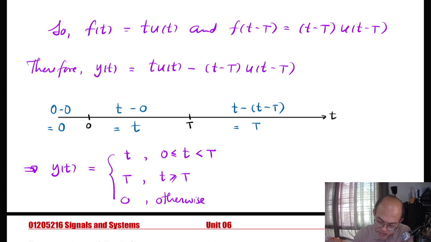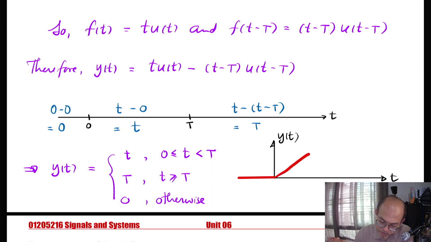So if you plot the zero state response y from this rectangular signal, what you have is 0 here, and then climbing to T, and then it stays at T forever, indefinitely. So this is T, this is T, this is 0.